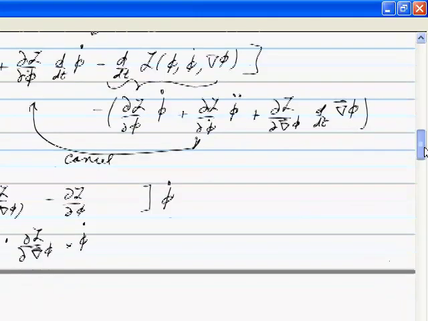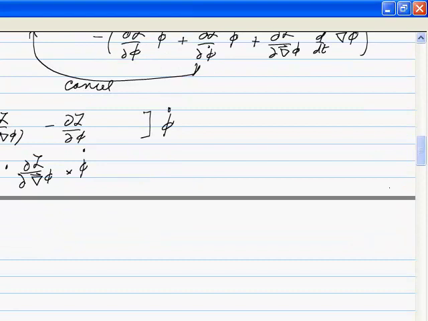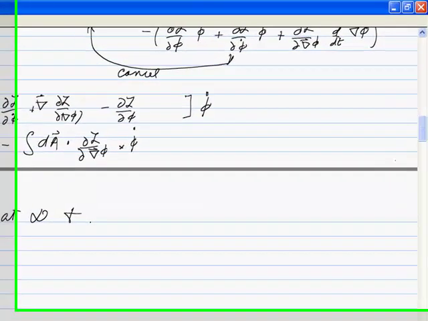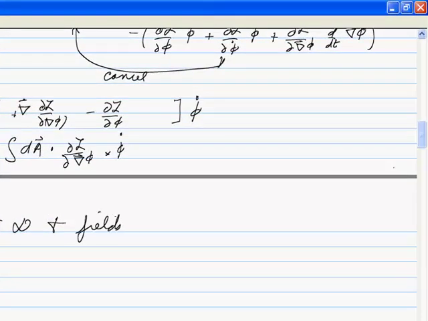Okay, so if we take the surface at infinity and have the fields vanish there, we're just talking about integrating over all space and looking at fields that live somewhere in space.